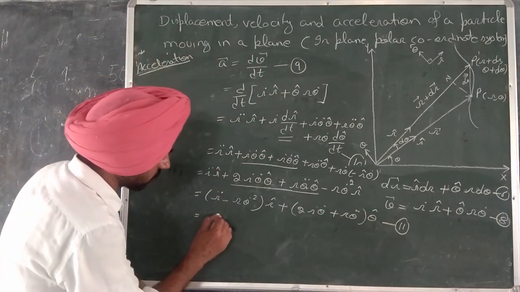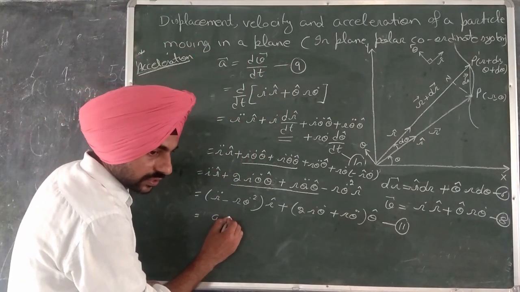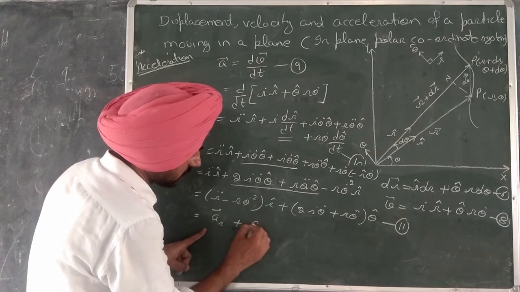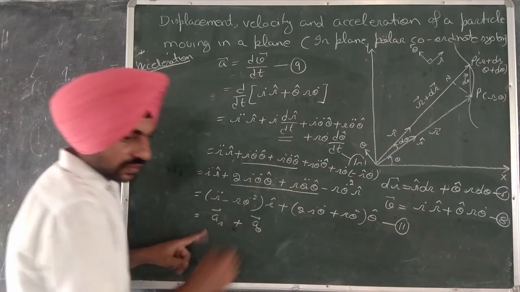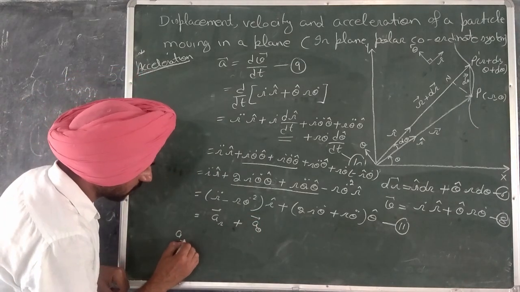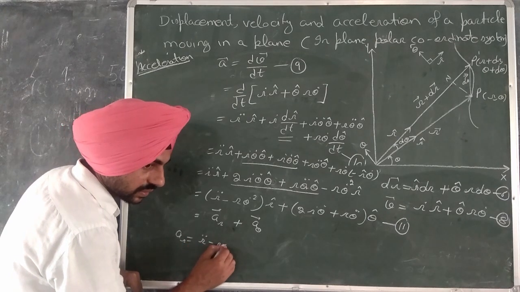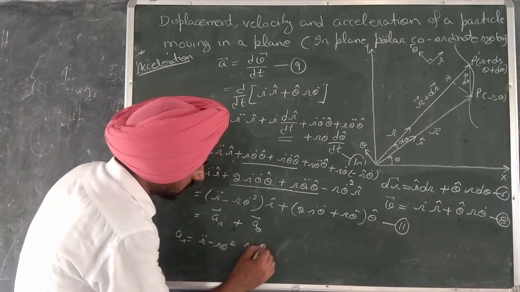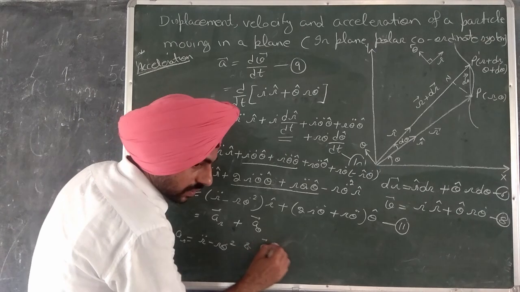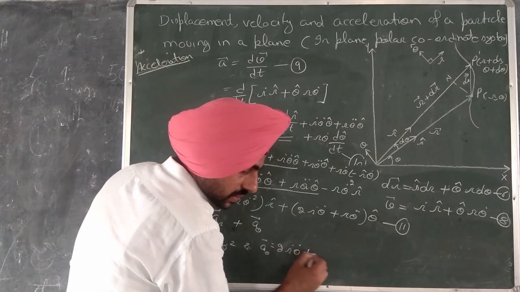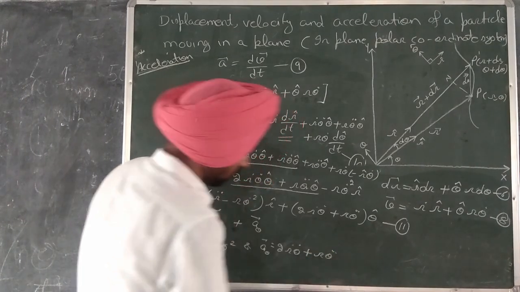So it is better to write it as ar into vector ar plus this is vector a theta. So we have ar equal to r double dot minus r theta dot square and a theta equal to 2 r dot theta dot plus r theta double dot.